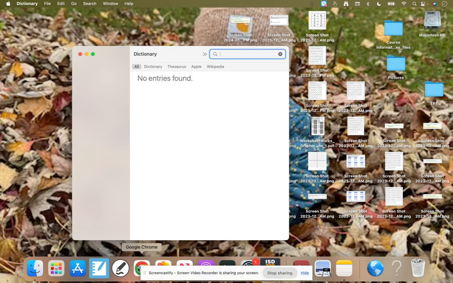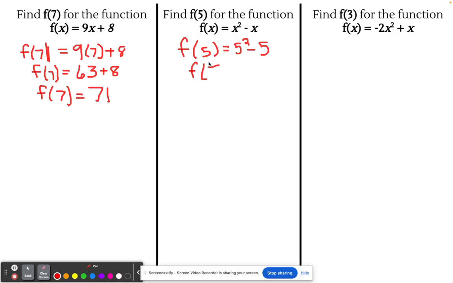My keyboard is very touchy today. Gotta be very careful. 25 minus 5. So my output of f of 5 will be 20.